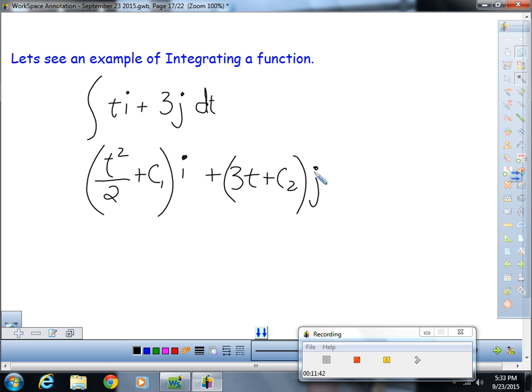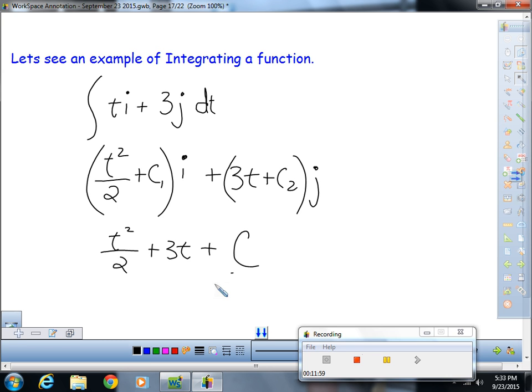So, one of the things that we will do is we will just write our c's. We will combine them. But what you need to understand is that this c is now a vector.